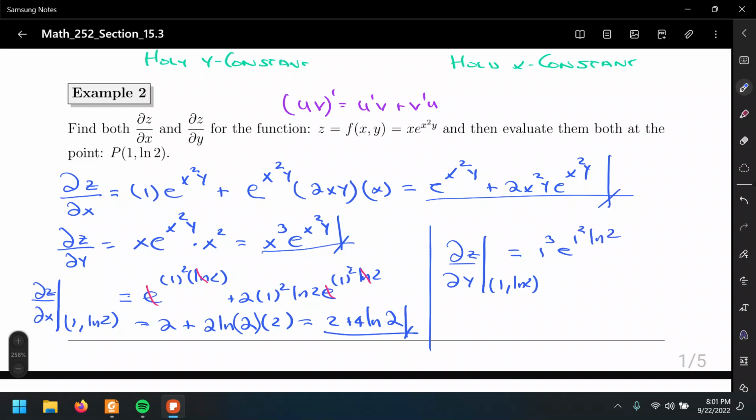But what's 1 cubed? Isn't it just 1? Mm-hmm. And again, 1 squared, that's just 1, and that's going to leave us with e to the ln of 2, which again can be cancelled out. All right, and this will be simply 2.